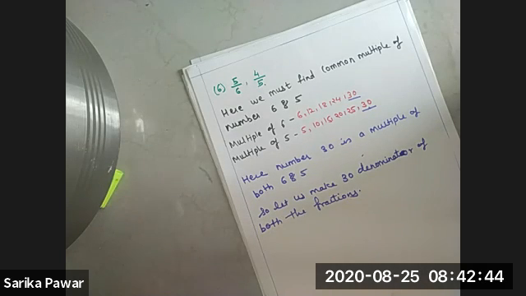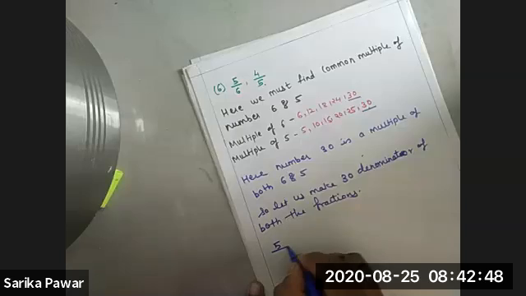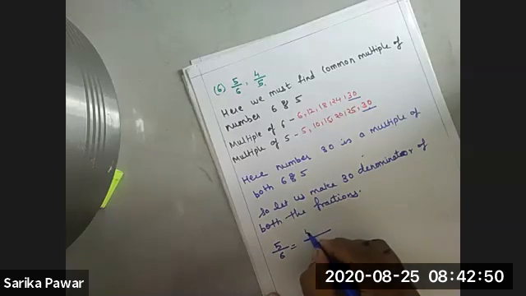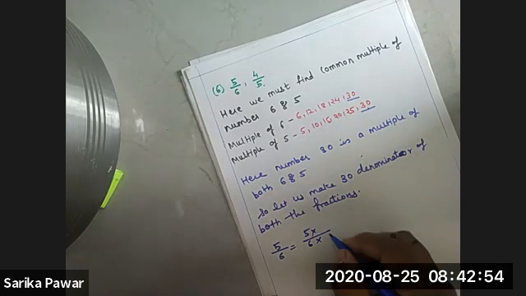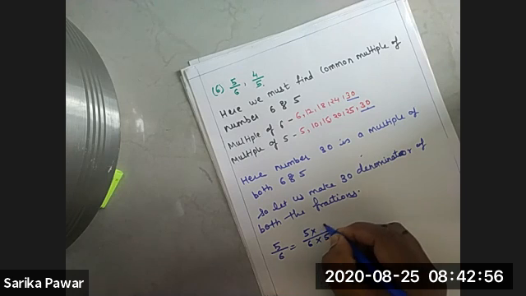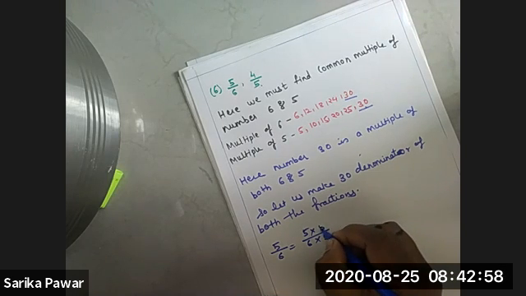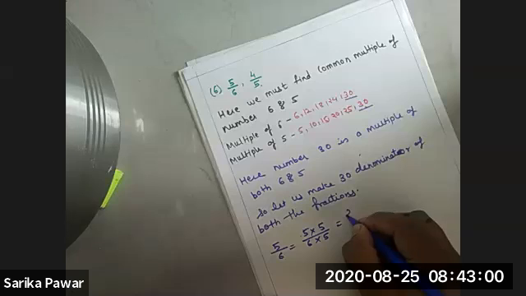Right? So write down here 5 upon 6. See, 6 5s are 30. So here which number will you multiply? The same number, that is 5. 5 5s are 25. 6 5s are 30.